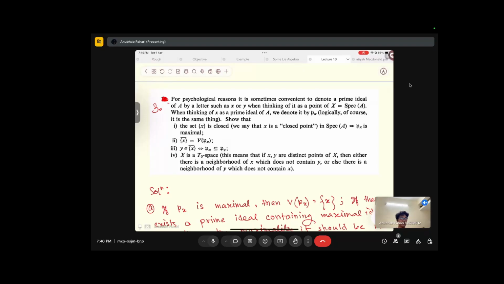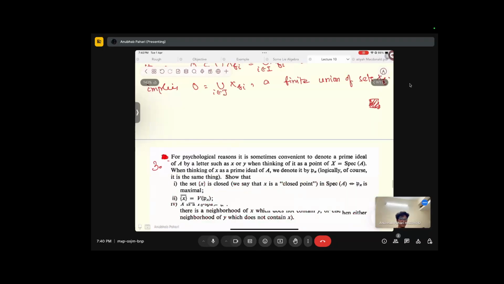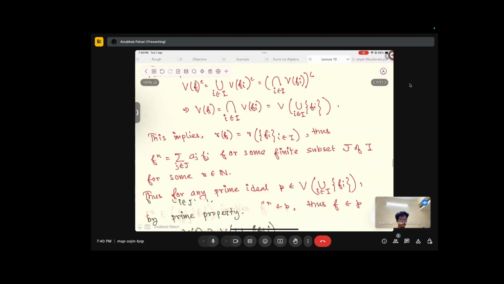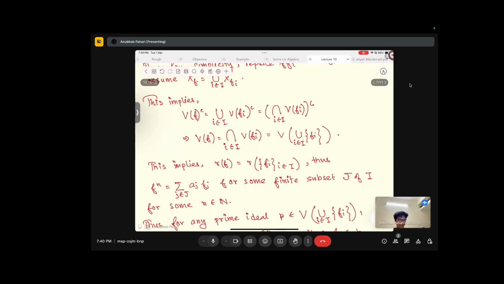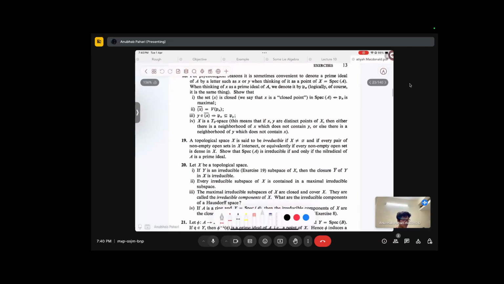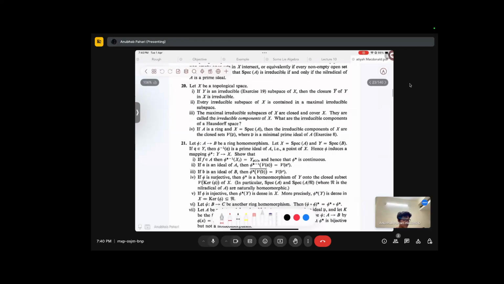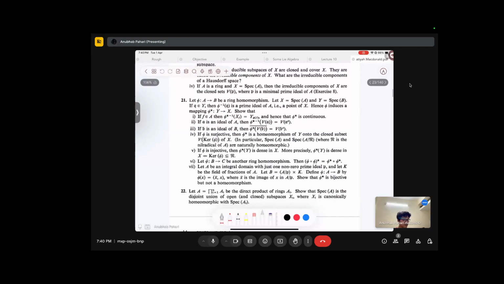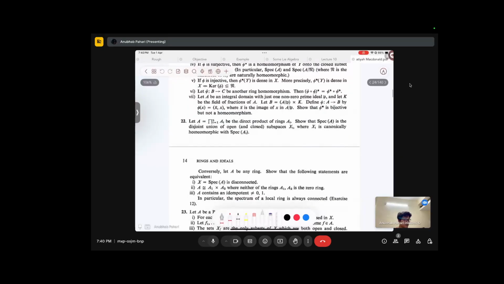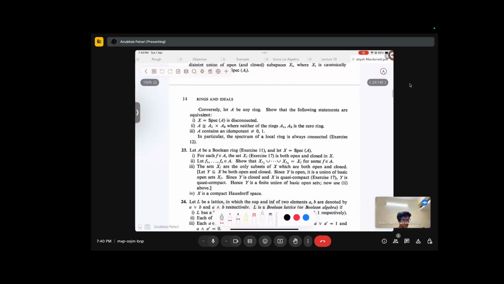Okay, so up to this point we have done several big problems, but the good thing about these problems is that they are the building blocks of Zariski topology. First we studied some examples, then we studied several properties, and in the next class we will be studying irreducibility, and I have done this problem. So the direct product thing.